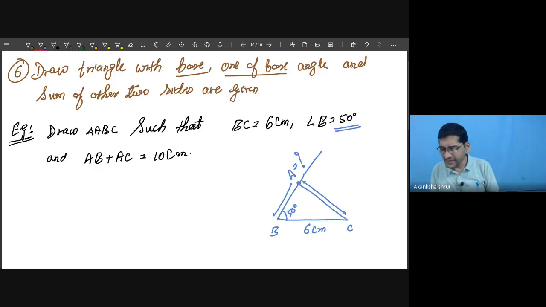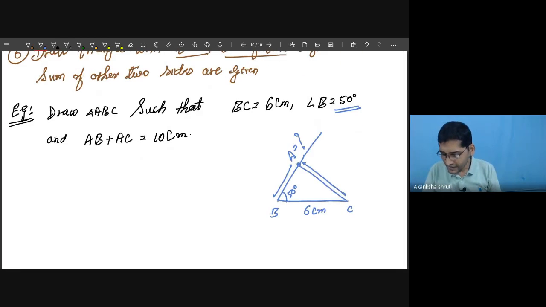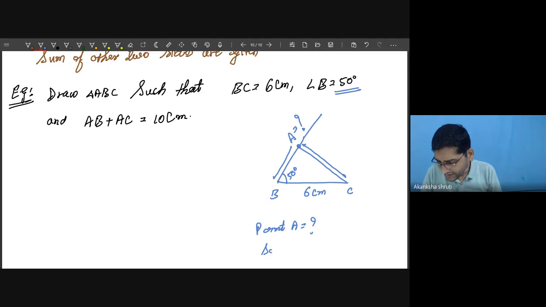So the purpose is to find A. Point A is where, so that you are getting AB, this length, and the other length AC, the other side, which is not given.